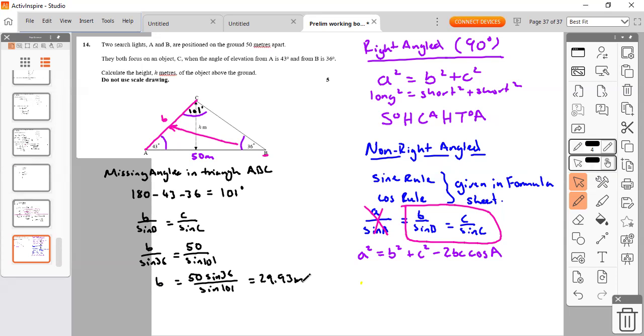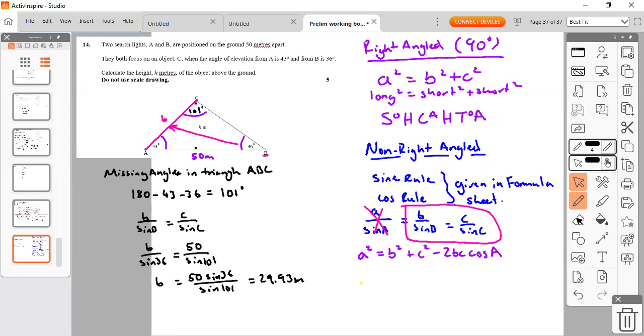Okay, so put that in your calculator, make sure you're comfortable with what you're putting in your calculator. Now, what have we just found out?